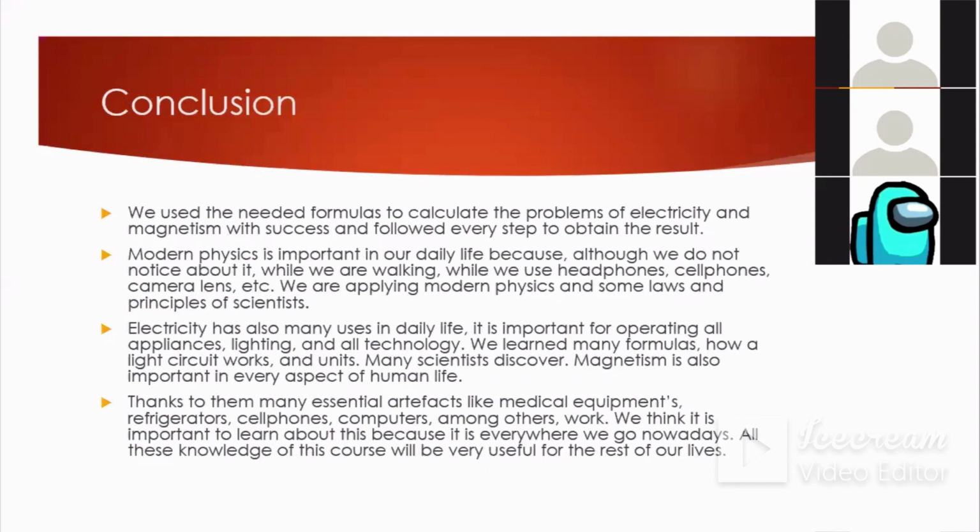Thanks to it, many essential artifacts like medical equipment, refrigerators, cell phones, and computers, among others, work. We think it is important to learn about this because it is everywhere we go nowadays. All the knowledge of this course will be really useful for the rest of our lives.